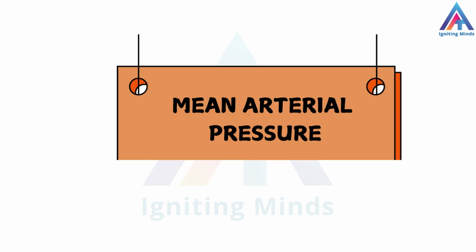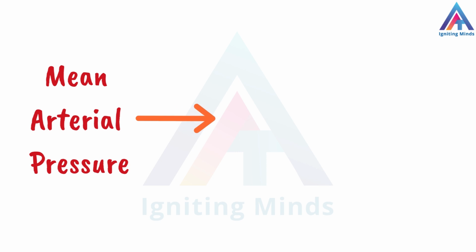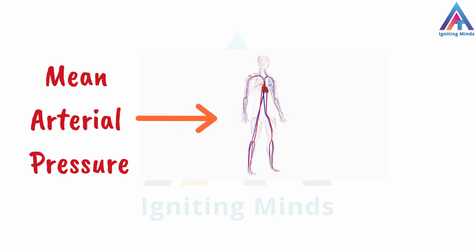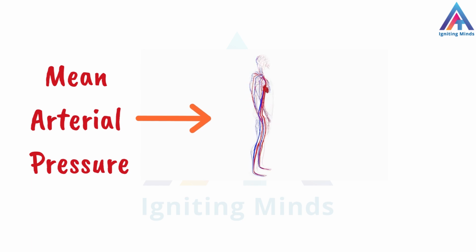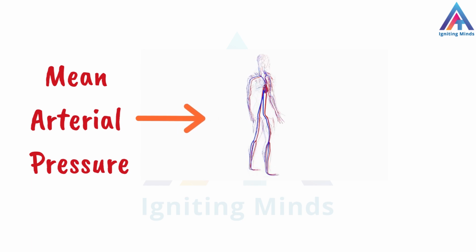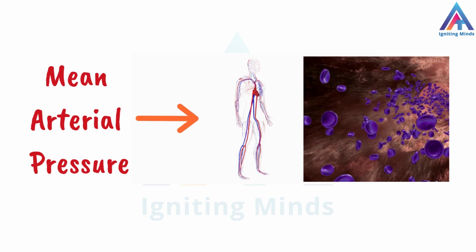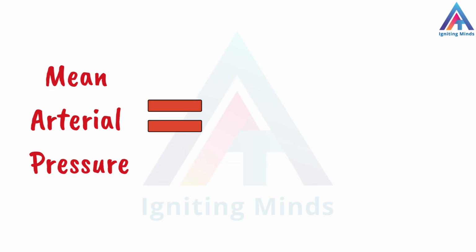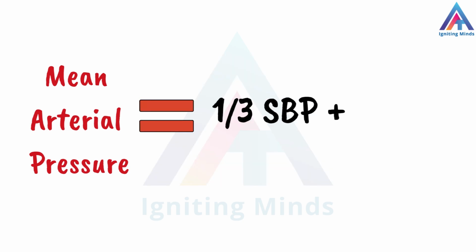Let's dig deep into what is mean arterial pressure. Mean arterial pressure is an indication of global perfusion pressure necessary for organ perfusion and oxygen delivery. Mean arterial pressure can be calculated by the addition of 1/3 of systolic blood pressure and 2/3 of diastolic blood pressure.